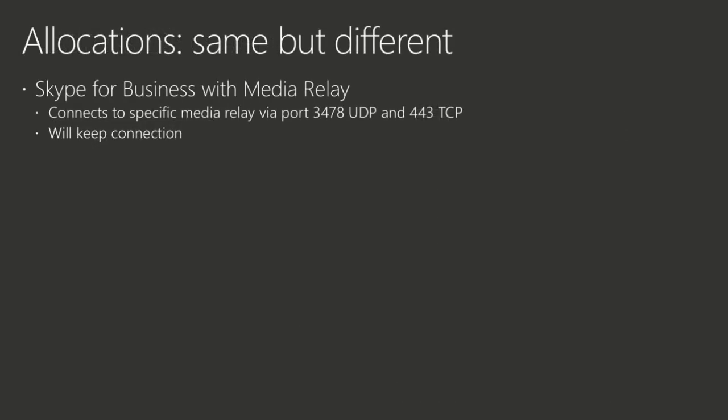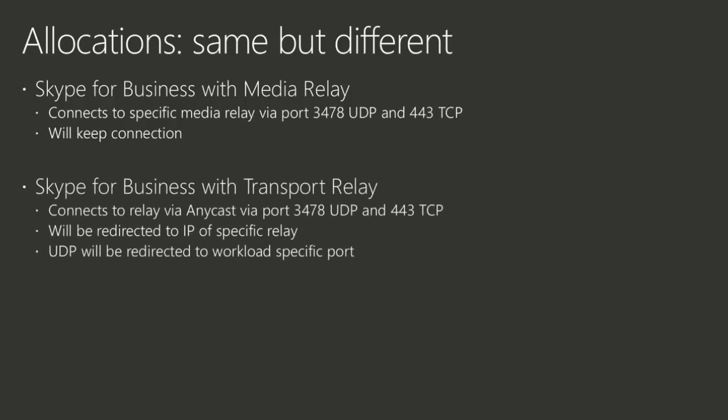Allocation, same but different. If I have Skype for Business with Media Relay, then the client will always connect during the allocation to the media relay on port 3478 UDP and 443 TCP, and will keep using these ports. If Skype for Business is used with the transport relay, it will also connect to the Anycast IP via port 3478 UDP and 443 TCP, but then this transport relay will tell me two things.